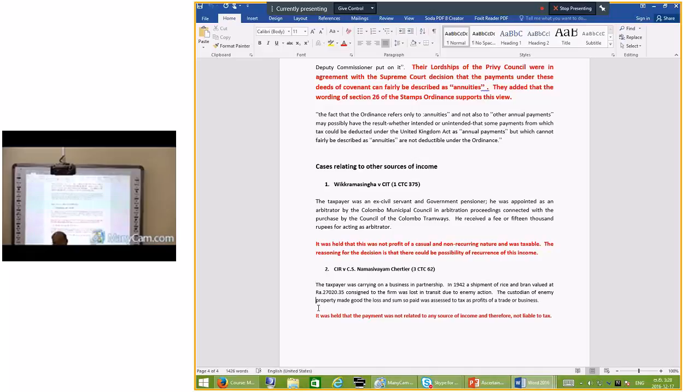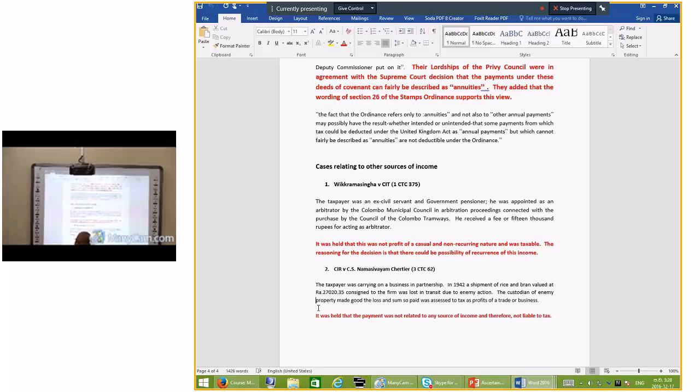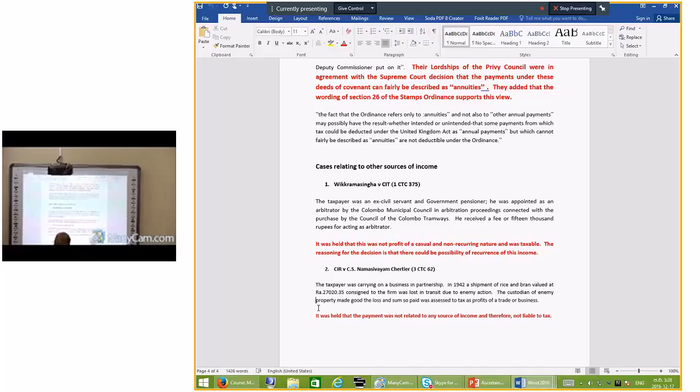That receipt: the loss we can adjust in the trading account. Normally the cost of sales is adjusted for the cost of goods lost in the trade account, while pure loss is charged to the profit and loss account. But in such cases, when insurance is received, it has to be treated as income from the other side.